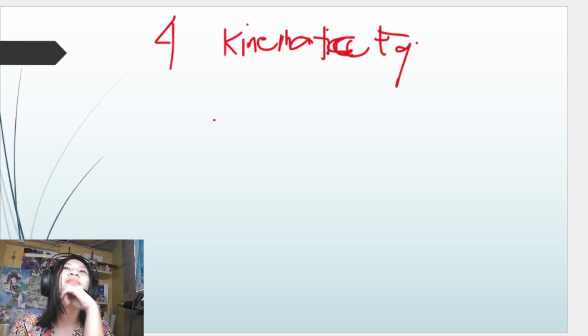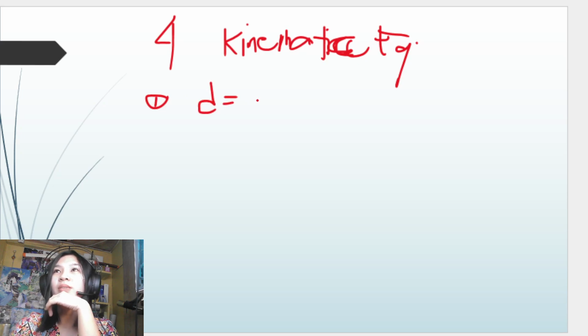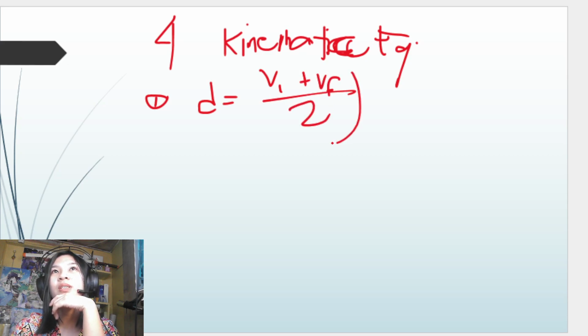Okay, so we have the first equation: displacement or distance is equal to initial velocity plus final velocity over 2 times time.